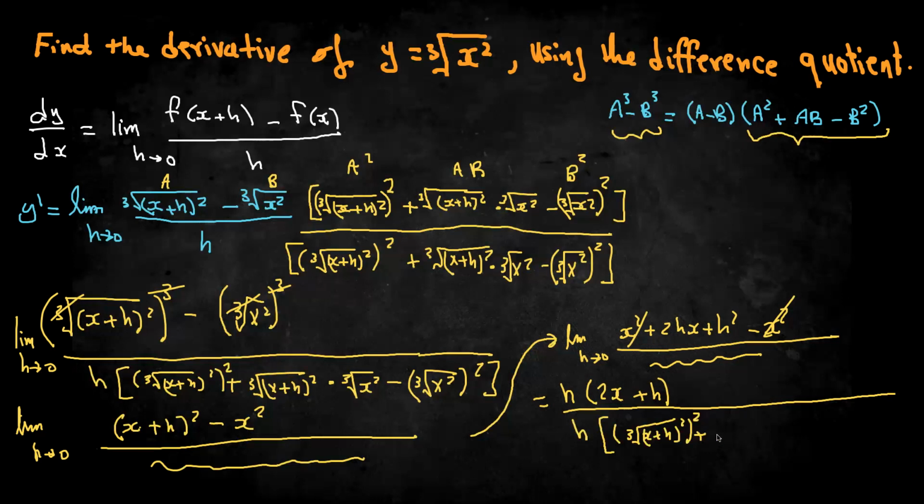And then the cube root of x plus h squared times cube root of x squared minus the cube root of x squared squared. Okay, so that's what I'm doing to all of this.